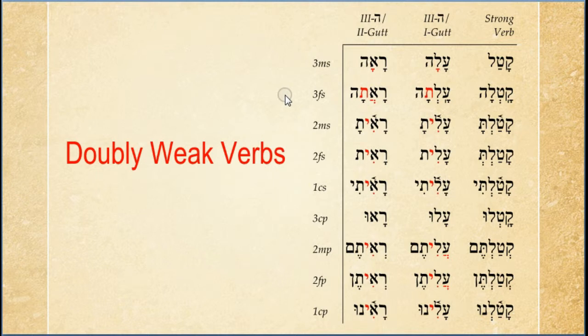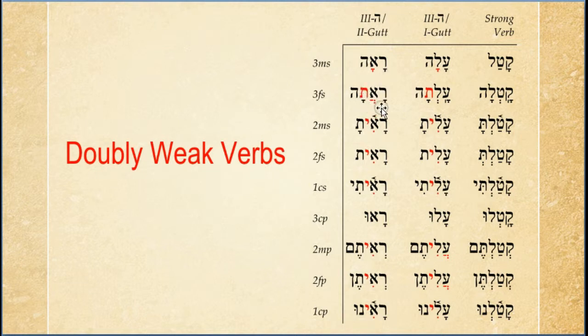That's exactly what we're talking about. The third position hey, we just learned that rule. But because you also have a second position guttural here, and that guttural is aleph, and normally there would be a vocal shva there, you have a hataf patach appearing instead of the shva.